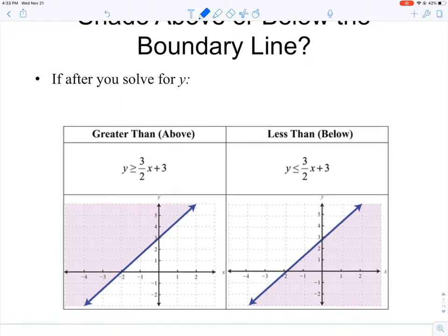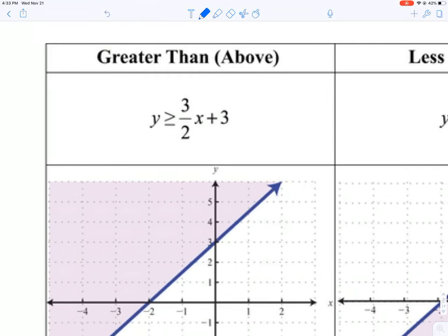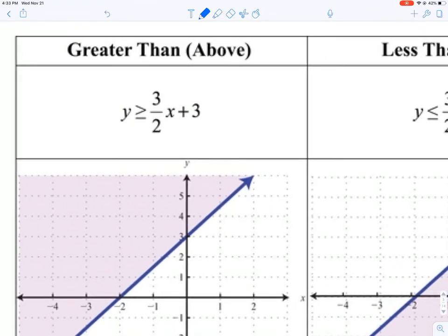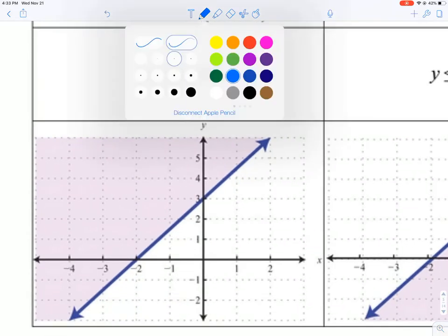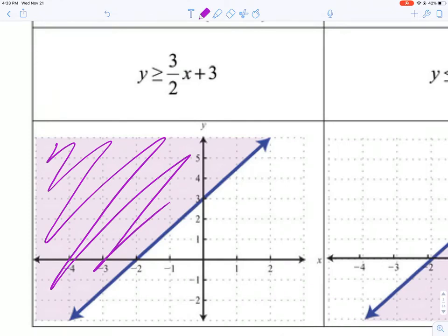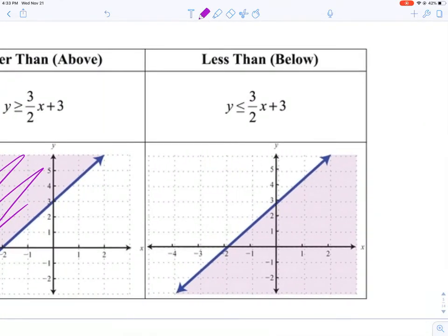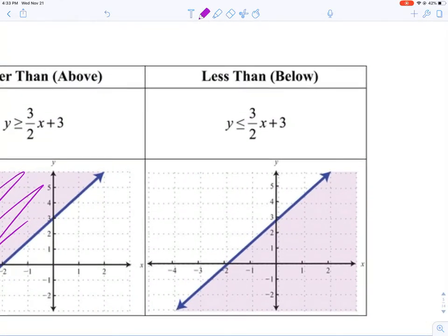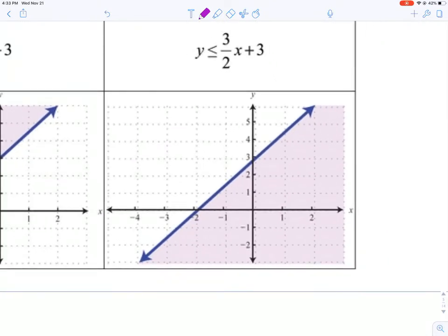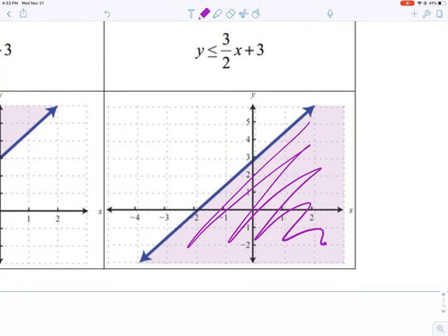If y is greater than, so greater than or equal to, the rest of the inequality, then you shade above the boundary line. So you can see all of this is shaded. And if y is less than or equal to the rest of the inequality, then you shade below the boundary line.